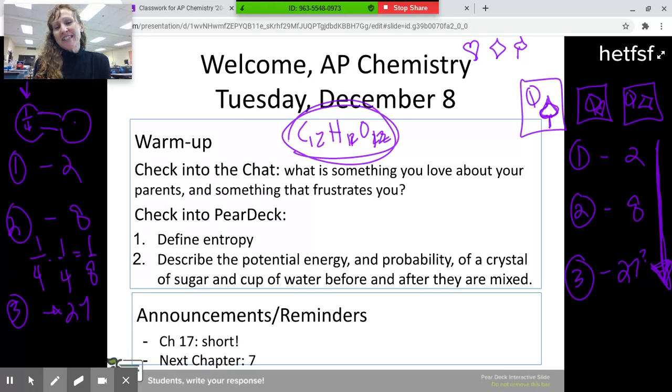Sure, it's not impossible, but tell me one person on this earth in the history of time who's ever thrown up a deck of cards and picked them up perfectly in order. There's just too many different ways it could be disordered compared to that one way it could be ordered. And so nature is going to move towards those disordered states, not towards the ordered states, not unless you have a mechanism and an input of energy.